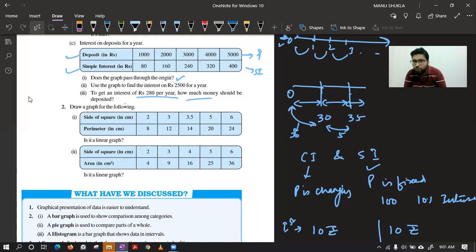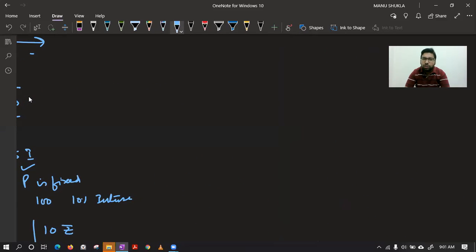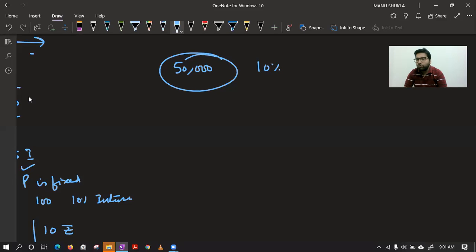Sir, if we are taking loans from a bank, then also CI? Yes, Vardhan. Suppose you have taken a loan of 50,000 rupees and the rate of interest that the bank is charging from you is 10%. What will happen if your EMI is, suppose, 5,000?